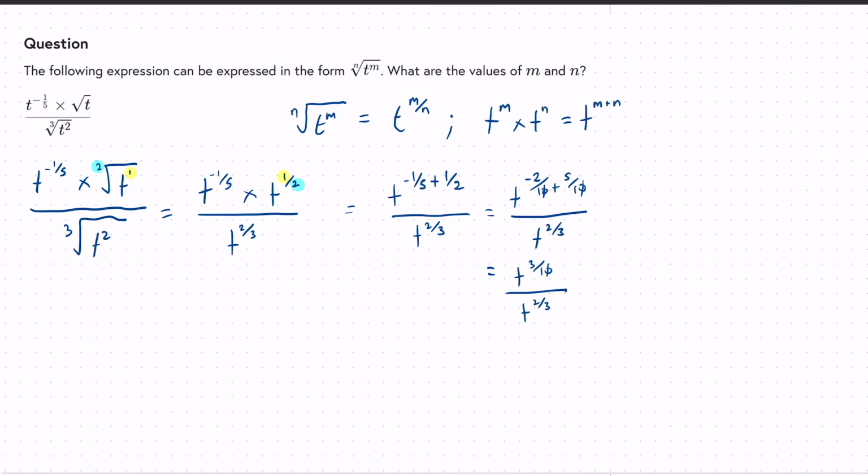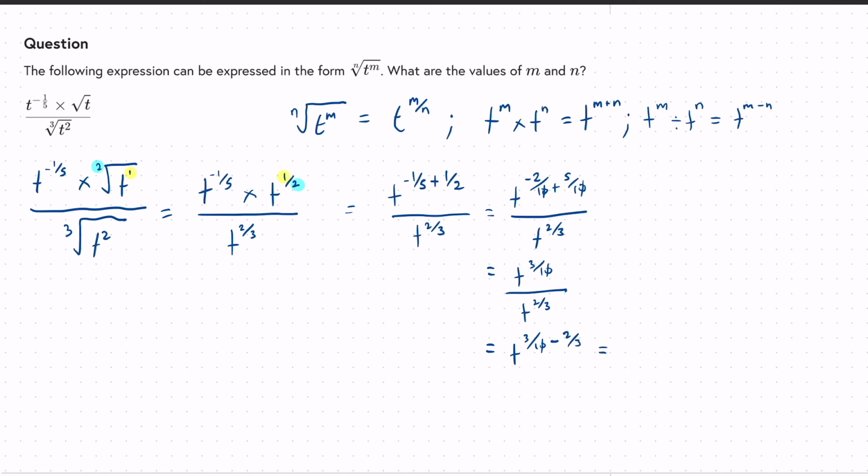Okay, so now what do I do? Well, now I can think of one of my final indices laws, that t to the m divided by t to the n is equal to t to the m minus n. Okay, so that becomes t to the 3/10 minus 2/3.